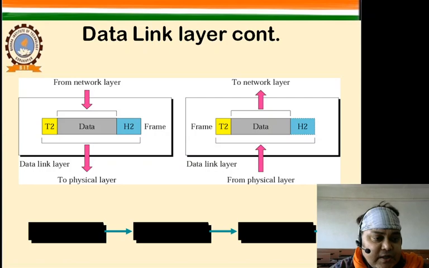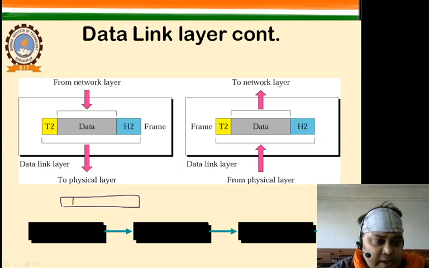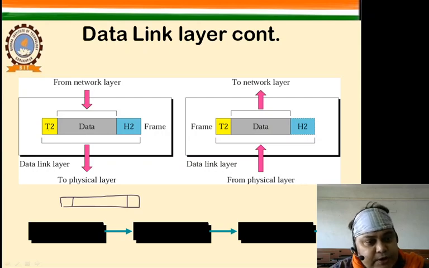Now moves, in this diagram you can see this is coming from the network layer and this is going to the physical layer. So हम इसको ड्रॉ करने के लिए क्या करते हैं, एक बड़ा ब्लॉक बनाते हैं like this way, इस पे यहाँ पे और यहाँ पे इस तरह से कट करेंगे and you can put here H2, T2 is here, it is no problem.